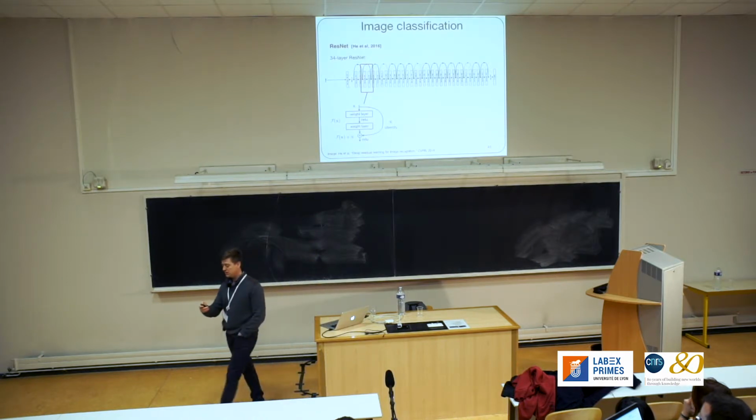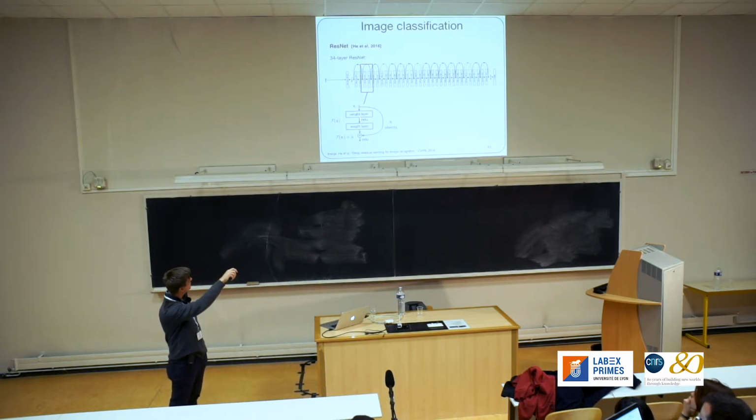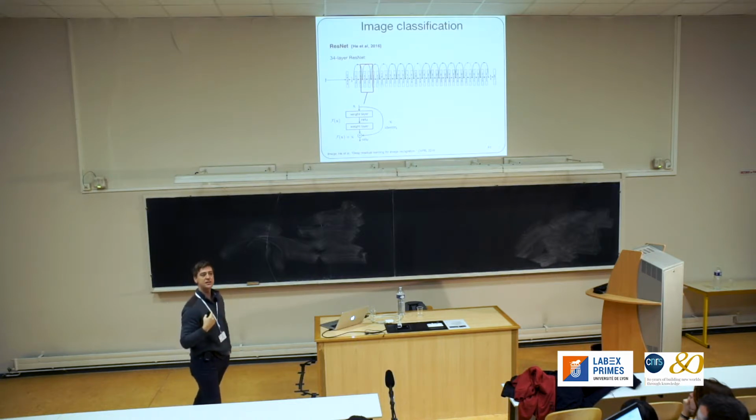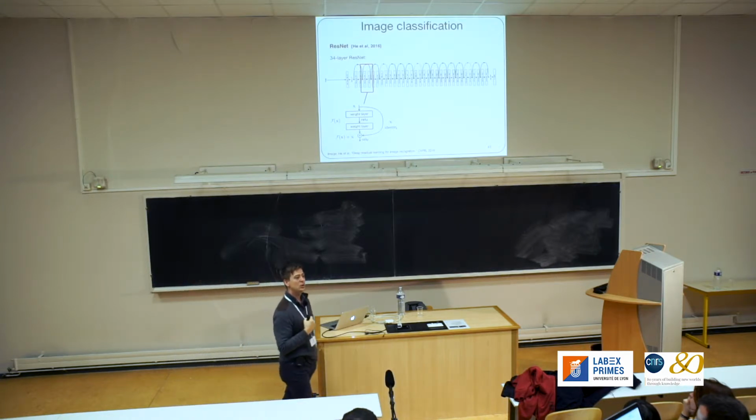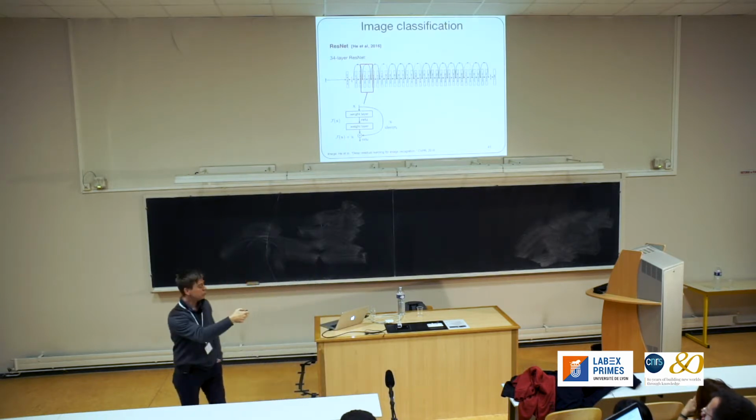Instead of having a simple direct feed-forward connection in your convolution, you do that, plus you simply recopy the input at the output, and then you take the sum of your transformation with the initial input, and this is the final product of your residual. This is called a residual block.